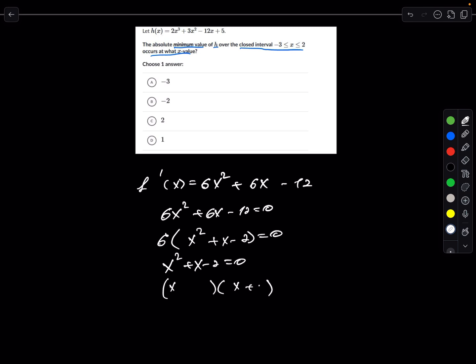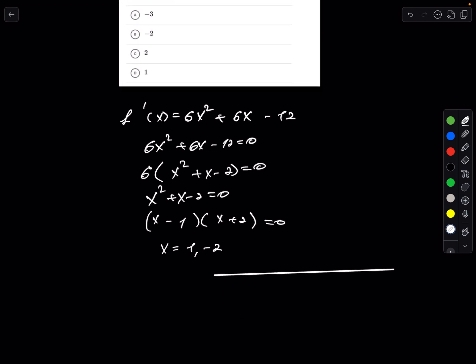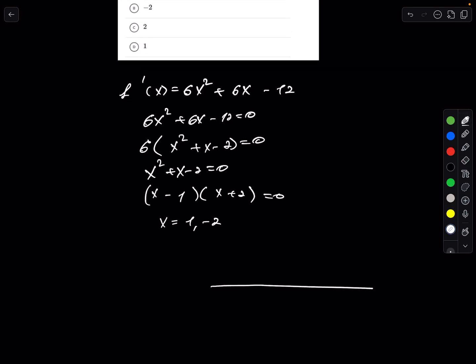It's going to be x minus 1 times x plus 2. So the critical points are 1 and minus 2. Now let's draw the number line. I apologize, it should be a bit lower so that it's visible to you.